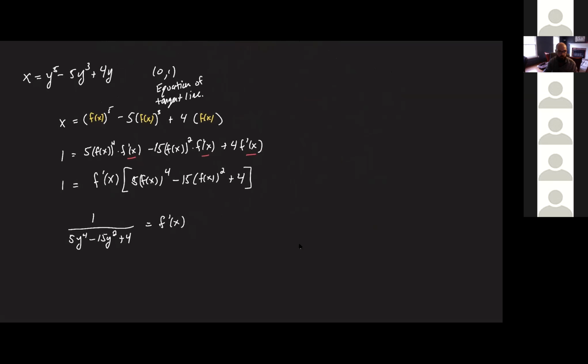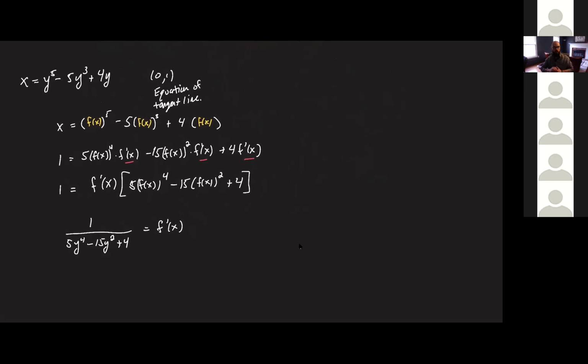So this is all the work we did to find our derivative, and now we don't want to forget what the question was asking. We had this point (0, 1), and we need to figure out the equation of the tangent line at that particular point. So we have our point, our x value and y value. Now we just need our slope.